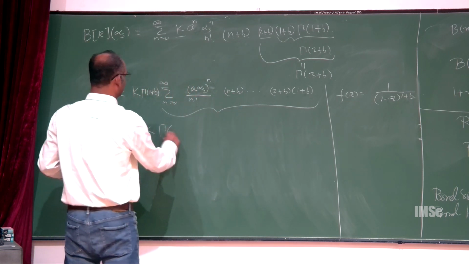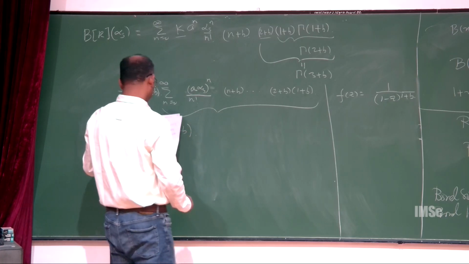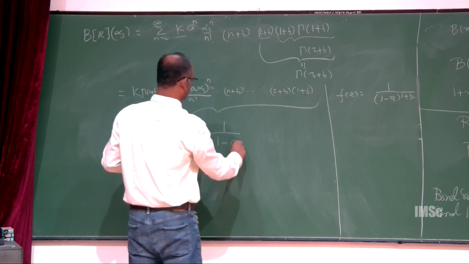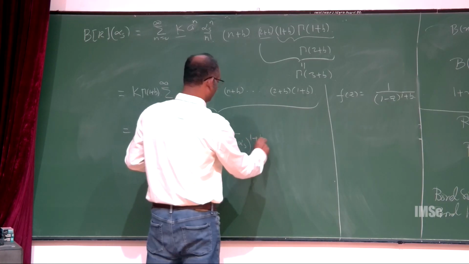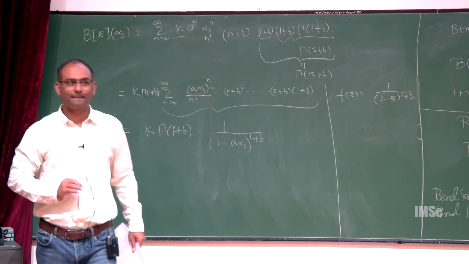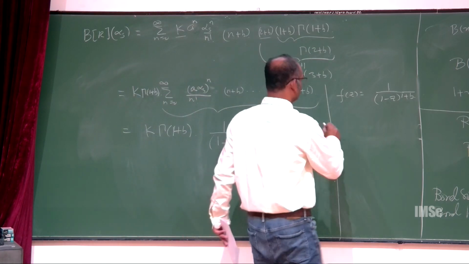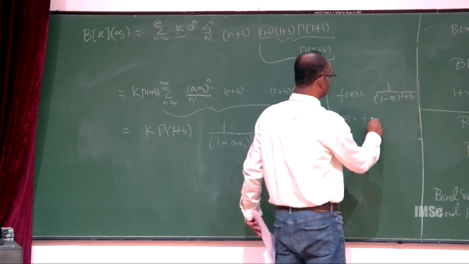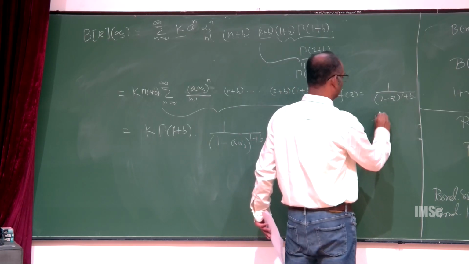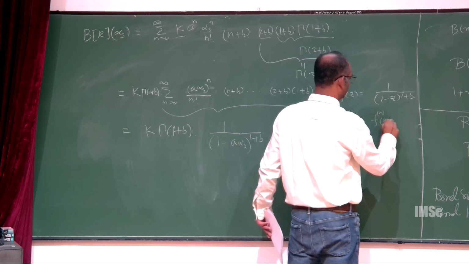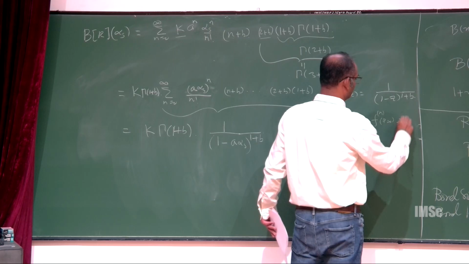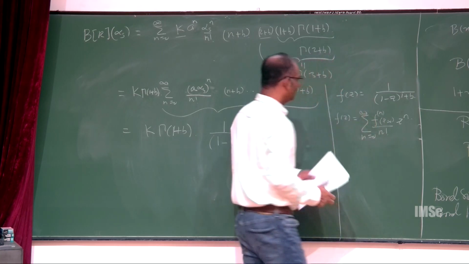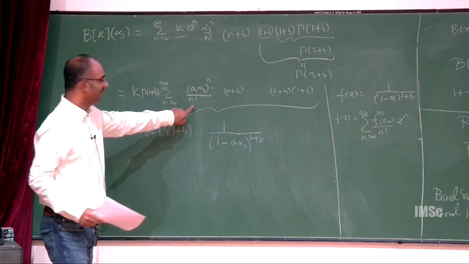So I hope you are convinced that the sum of this is 1 over 1 minus z, and z is alpha s. Agreed? I have just done a Taylor expansion. So f of z is equal to this is what we have, and you see here that n factorial is also there.